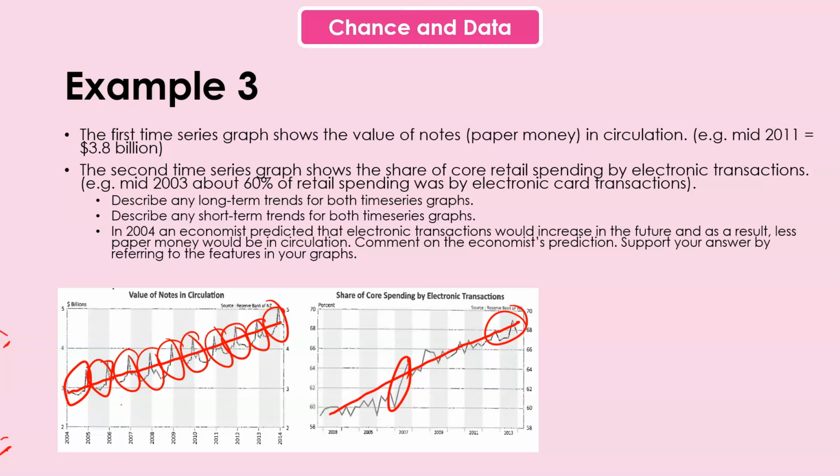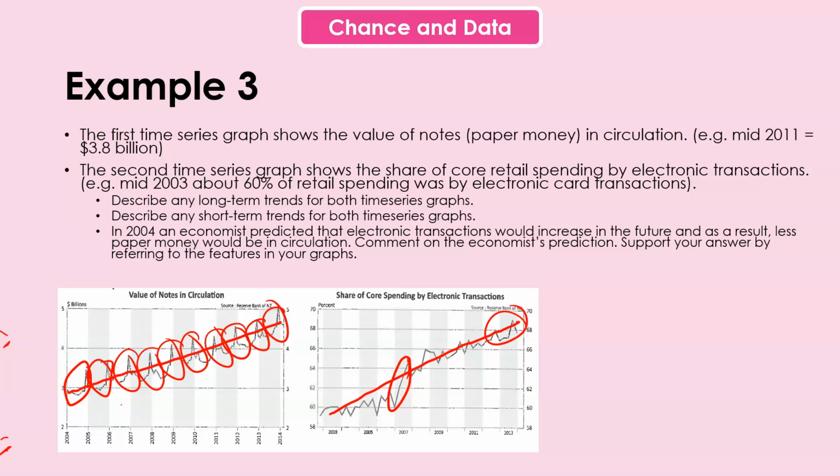There's a clear seasonal pattern of December highs and midwinter lows in the graph for the value of the notes. Such a pattern is not obvious in the electronic transactions graph. There is a step up in electronic transactions in 2007, something that did not happen with the value of notes. It'd be worth investigating to see what the possible reason could be.